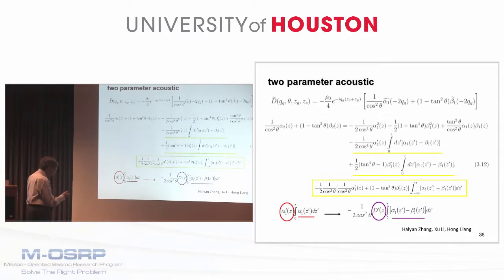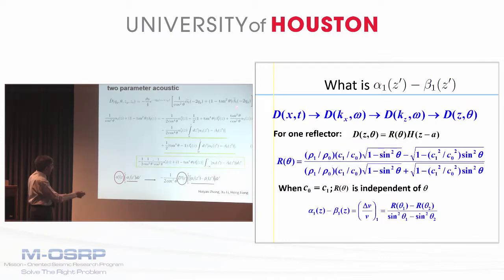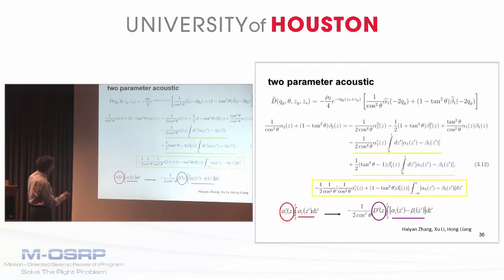Alpha 1 and beta 1 are not functions of angle, just functions of depth here, yes? So I have two equations and two unknowns, and I solve for alpha 1 and beta 1.